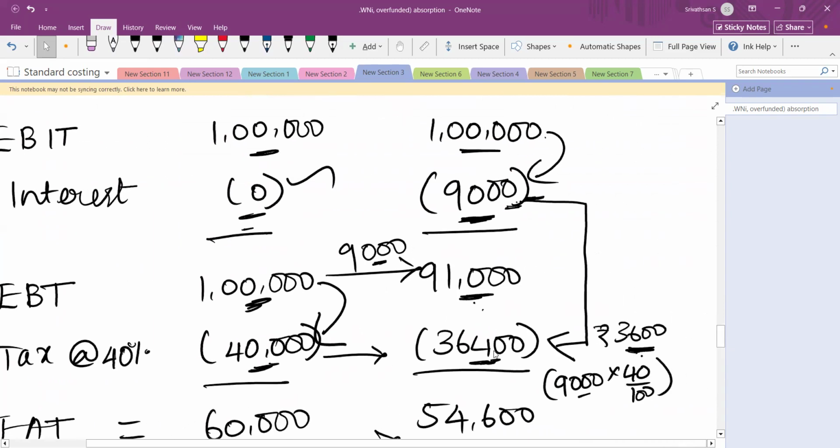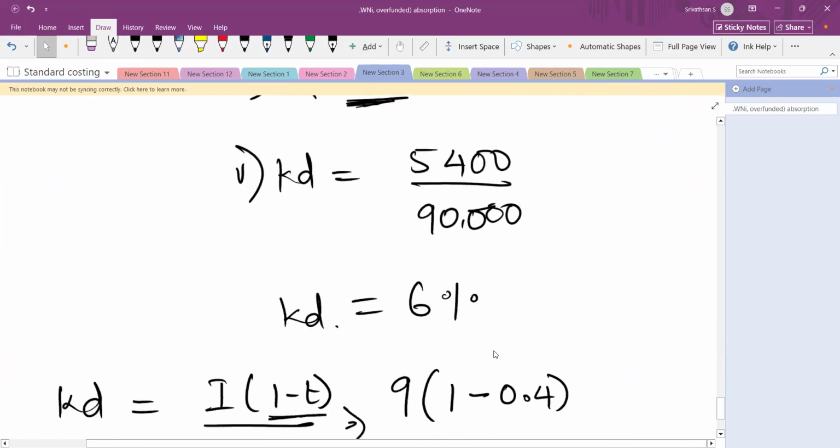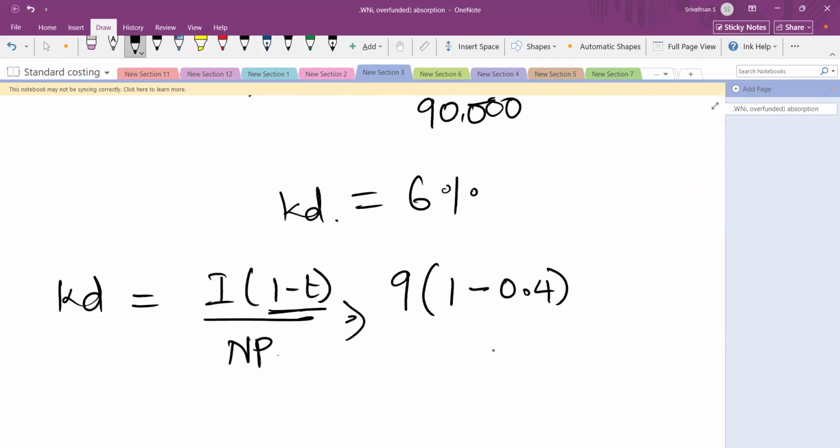So interest is giving us some tax benefit, and that is the reason why we are multiplying it with 1 minus t. So I into 1 minus t, which is 9 into 1 minus 0.4, divided by net proceeds. Net proceeds is nothing but the issue price basically. So at what price is the debenture issued? Issue price of one debenture is 90, which we already calculated. So 9 into 0.6 divided by 90, we get the same 6%, right?